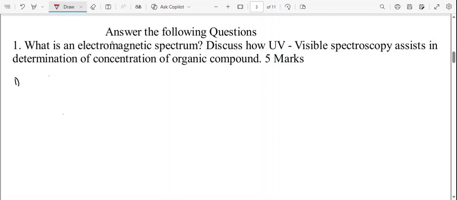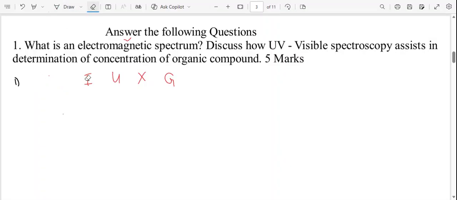When you say electromagnetic spectrum, this is a spectrum that shows the complete range of electromagnetic radiations, which include radio waves, microwaves, infrared rays, visible, ultraviolet, X-rays, gamma rays, and so on.